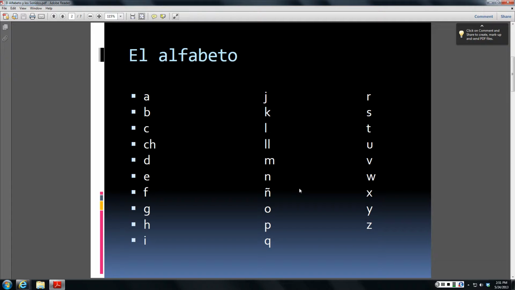Alright, the last column, the letters are R, S, T, U, V, W, X, Y, Z.